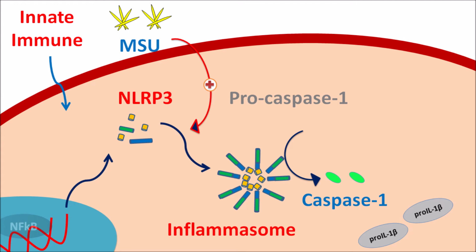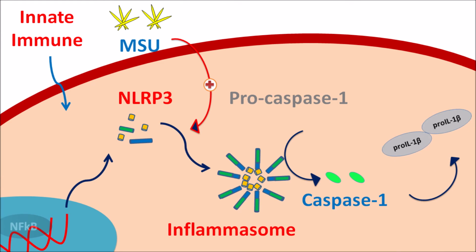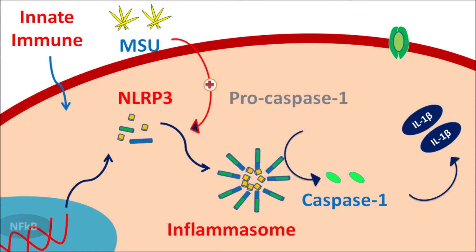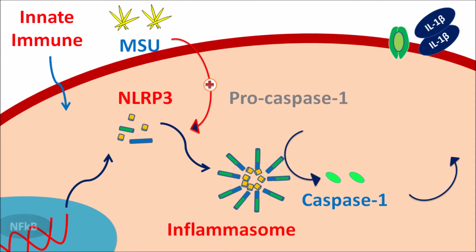By activation of the caspase 1 pathway, pro-IL-1 beta is converted into IL-1 beta. This IL-1 beta is transported through a specific transporter out of the cell, which produces further inflammatory response. In this way, IL-1 beta acts as a pro-inflammatory mediator, which increases the inflammation resulting in pain and stiffness at the joints. Now, colchicine is one of the drugs which acts as a prophylactic.